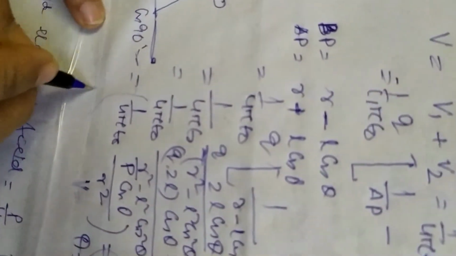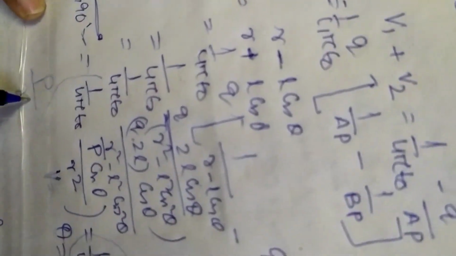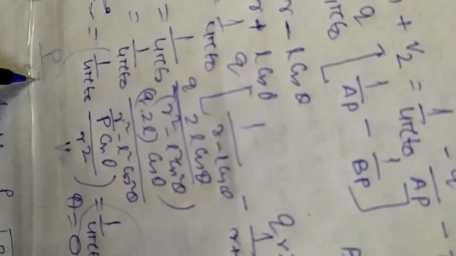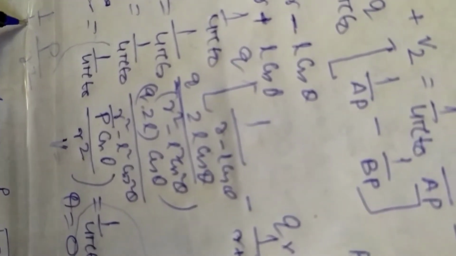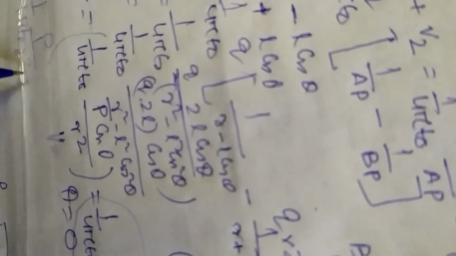So it is P by R square and 1 by 4 pi epsilon. This will be the value at the axial point, and the value at the equatorial point will be 0. So it is clear to you.